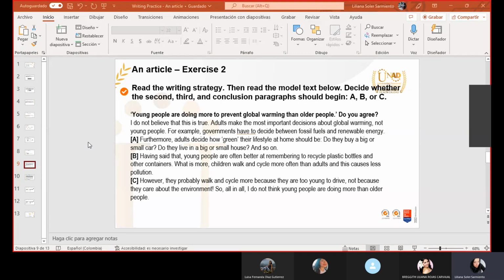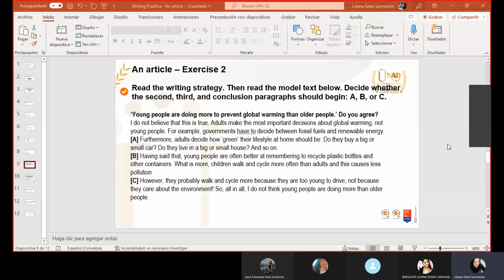Adults make the most important decision about global warming, not young people. For example, governments have to decide between fossil fuels and renewable energy. What is the paragraph to continue?